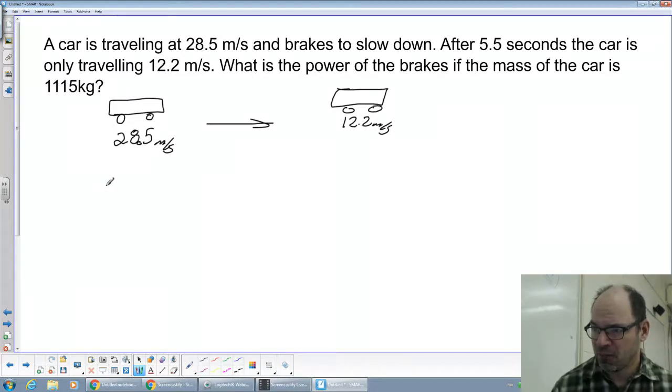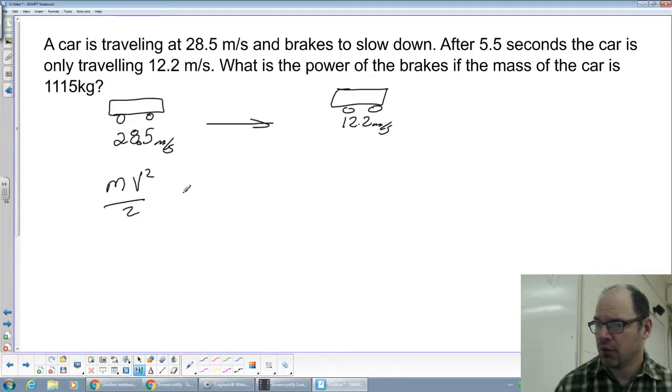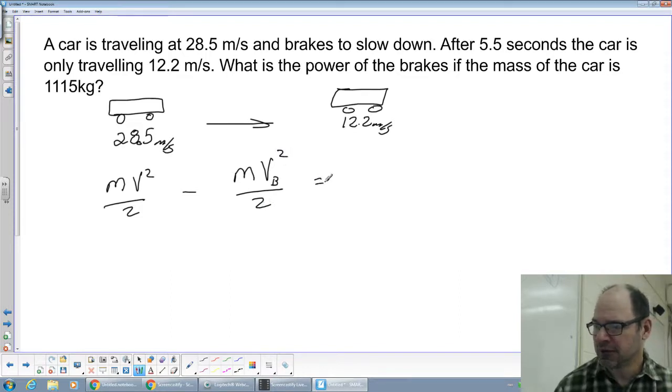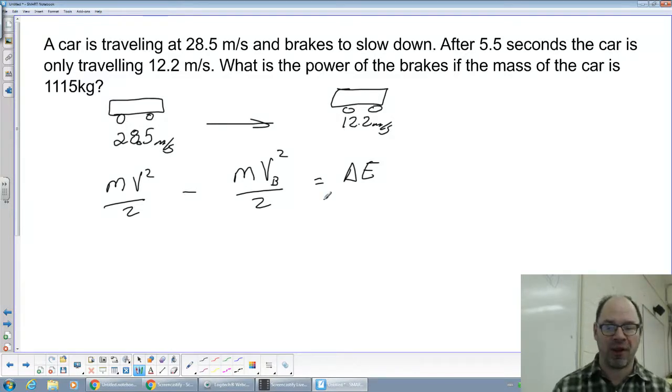So we have to go mv squared over 2 minus mv, we'll call it b for the second one, squared over 2. And that's going to get our change in energy. Okay, that's what we want. This one doesn't go all the way down to 0, so we can't just use one equation. We have to figure out what the change in energy is.